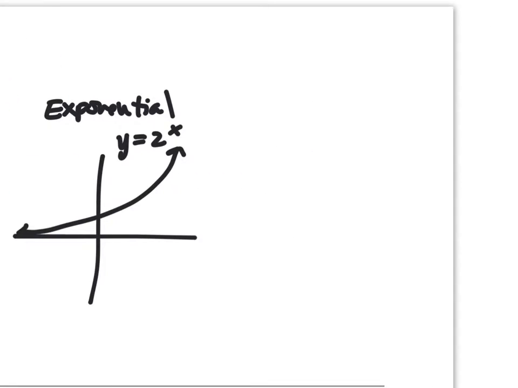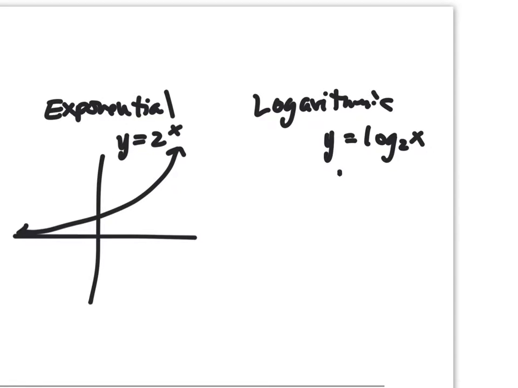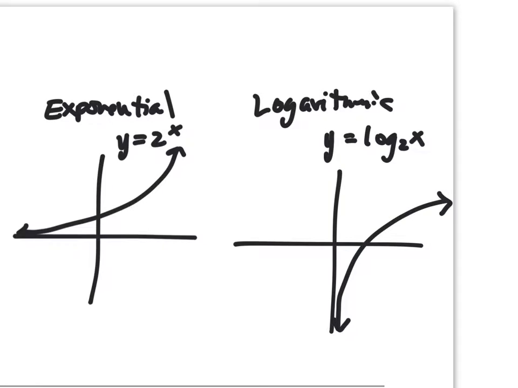Another one would be a logarithmic function, like y equals log base 2 of x, and that would look something like this. We've talked about those, but we just need to know what these shapes look like.